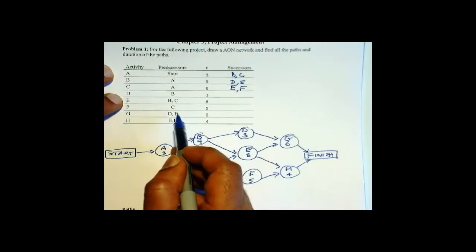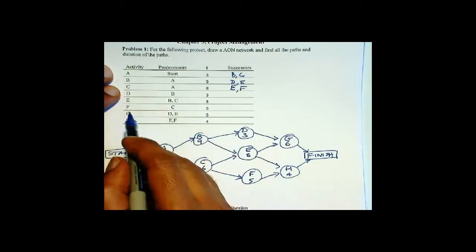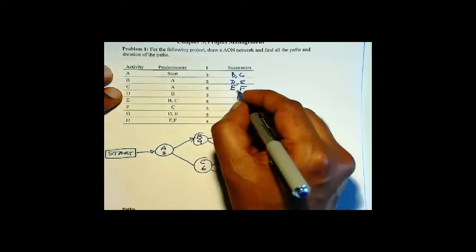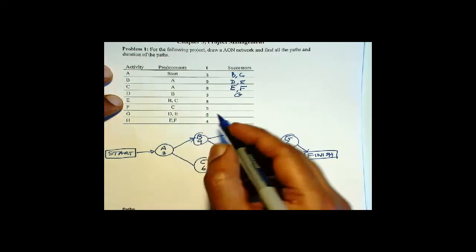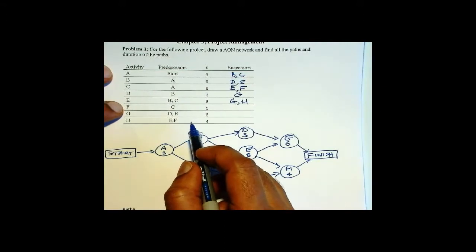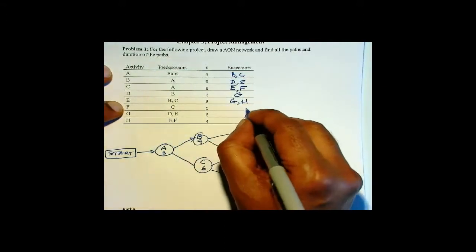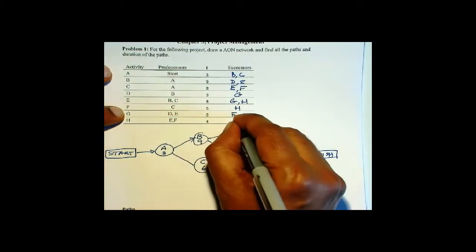D is a predecessor only for G. And E is a predecessor for G and H. F is a predecessor for H. G is not a predecessor anywhere, so that is finish. Okay, like that. And H as well.